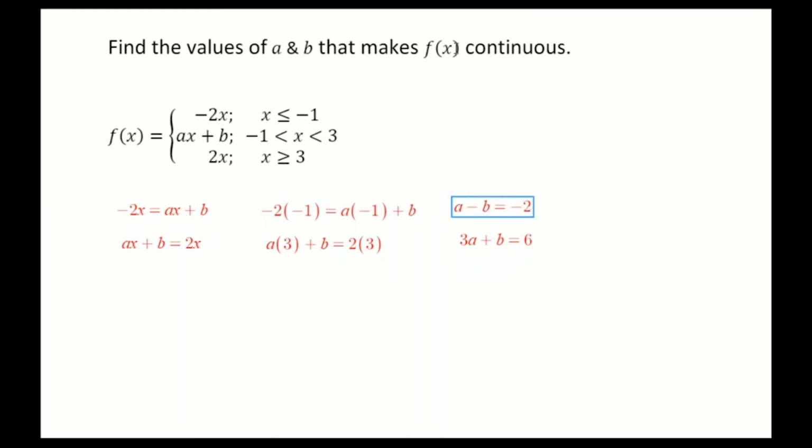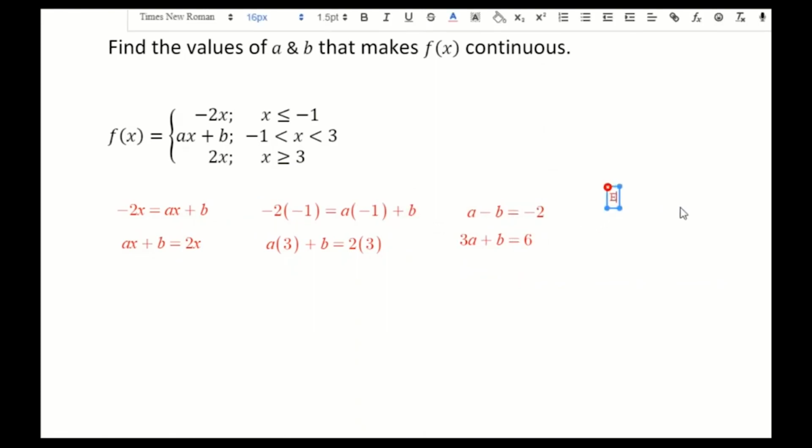Now we've got two equations with two variables. We need to solve this as a system of equations because both of these have to be satisfied. Elimination is the method I'm going to use, but you may know another method like substitution that will also work.